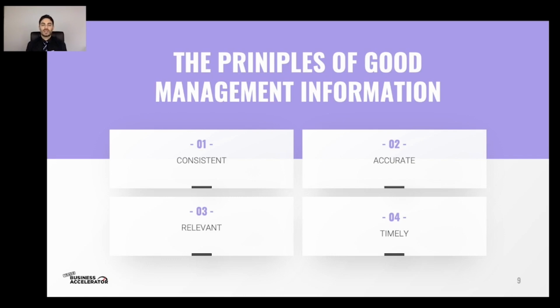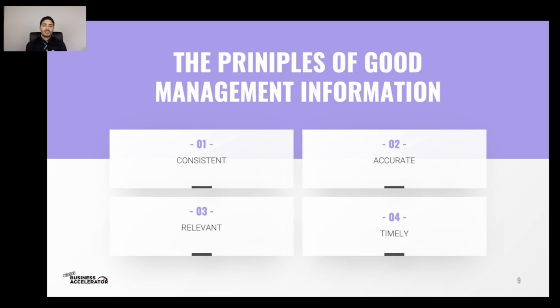And then it needs to be consistently reviewed period by period. So if you're looking to review your management information each month, as an example, you need to make sure that you're consistently reviewing it month on month so that it gives you the ability as a business manager and a business leader and owner to spot trends and make decisions around those trends.